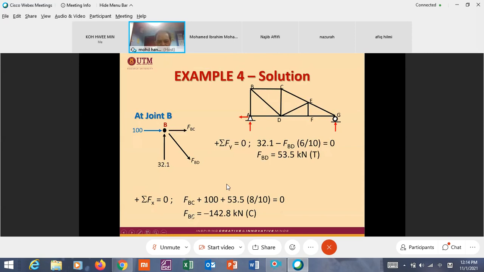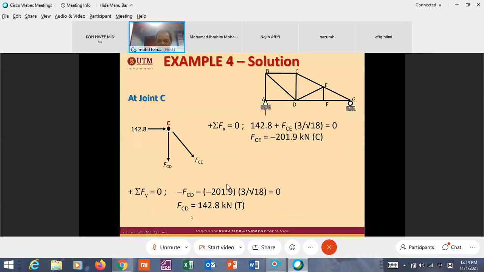Now after we know BC, then we go to joint C, because in joint C there are 3 members. If we know this BC, then there are only 2. If you have 2 unknown members, then we can solve the problem for that joint. Can you go to joint D? Now you know BD, you know AD.